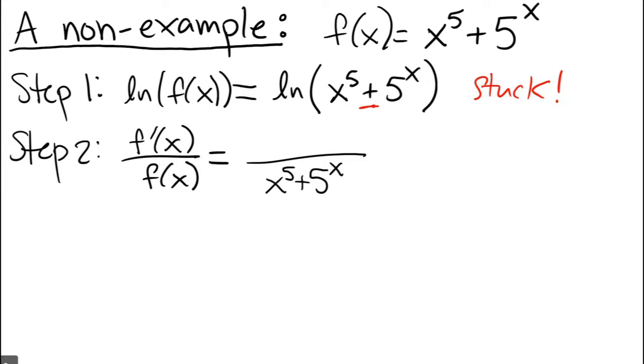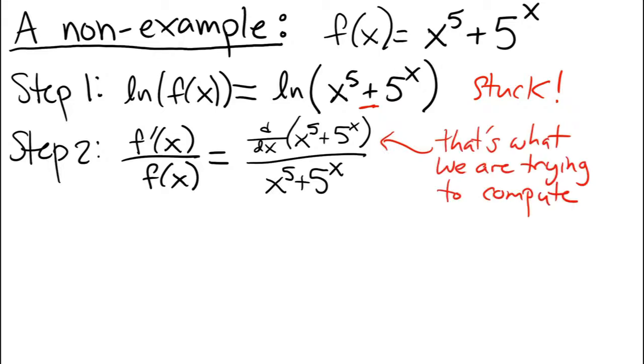And then whatever's inside, we also have to take the derivative and multiply by. Well, wait a minute. That thing in the numerator, that's what we wanted all along. Right now, the goal is to figure out what the derivative of that is. And so far, we haven't gotten any help. But let's just soldier on and go to step 3, where we multiply by f of x.